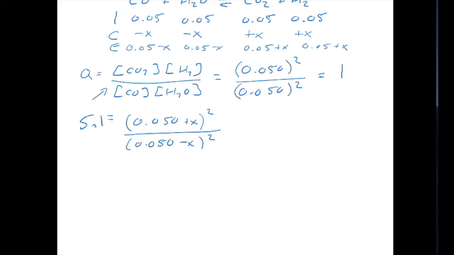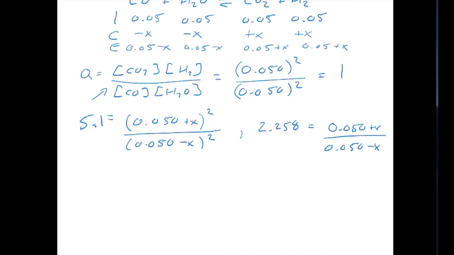Now, just like in the second example, since we have the numerator and denominator both squared in this expression, we can just take the square roots of both sides. So if we take the square root of 5.1, we get 2.258 equals 0.050 plus x divided by 0.050 minus x.